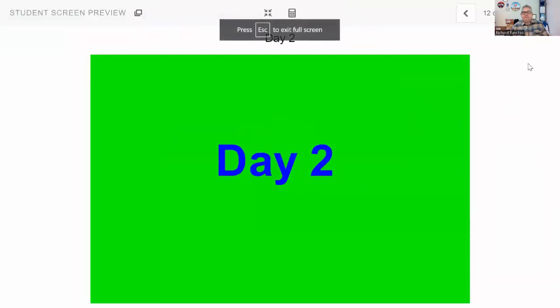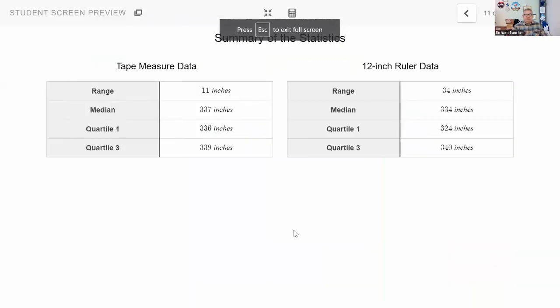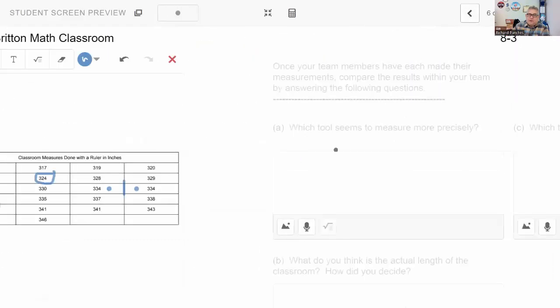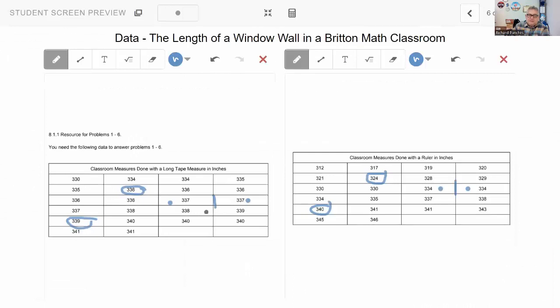All right, so yesterday we got this data from the tape measure and the 12-inch ruler. We actually went further back. We were way back here and we were looking at the medians, the quartiles, the lower and upper extremes. We took all that data.